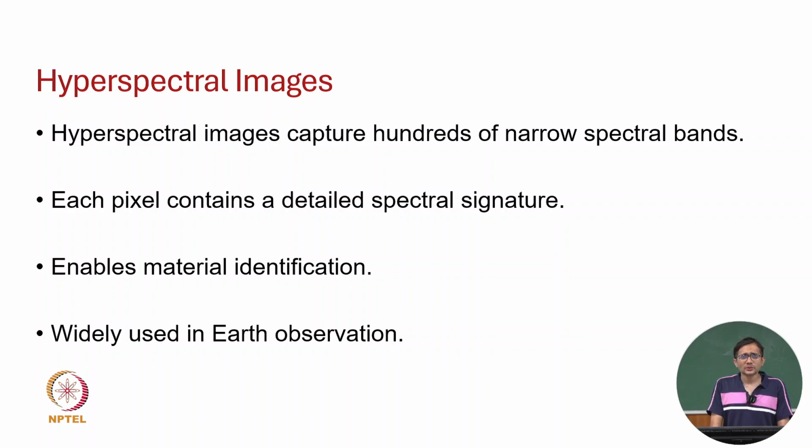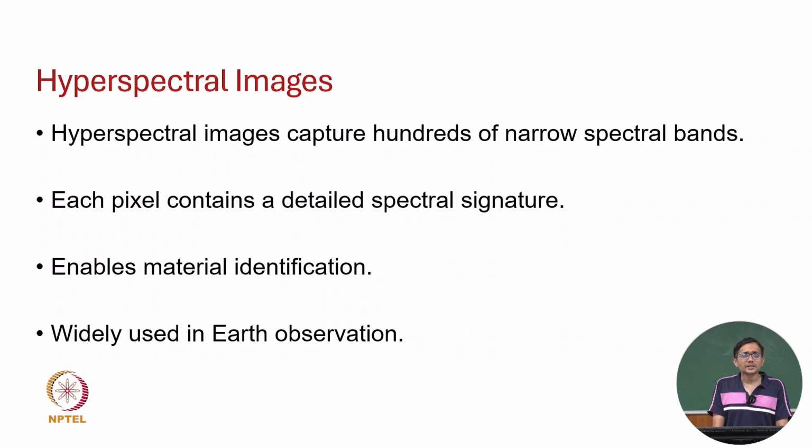So why so? Because hyperspectral images capture not just 3, 4 or 10 bands, they capture hundreds of narrow spectral bands. Thus, each pixel contains a detailed spectral signature.